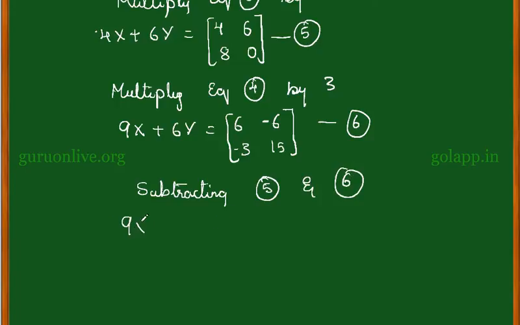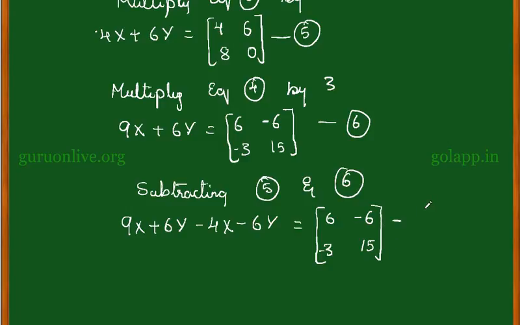So that is 9x plus 6y minus of 4x minus 6y, which is equal to, for equation 6 RHS I have 6 minus 6, 3 minus 3, 15 minus of equation 5, which is 4, 6, 8, 0.